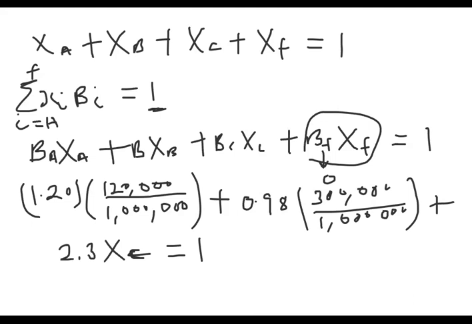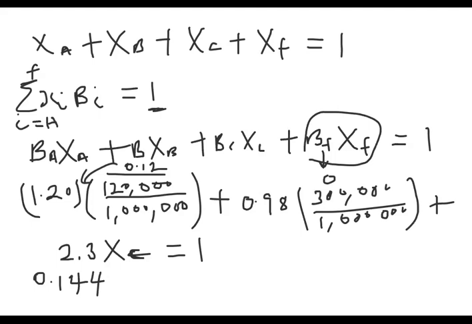In that case, I can say, first of all, let us divide the 120,000 by 1 million, which is going to give you 0.12. So 0.12 times 1.20 gives you 0.144.